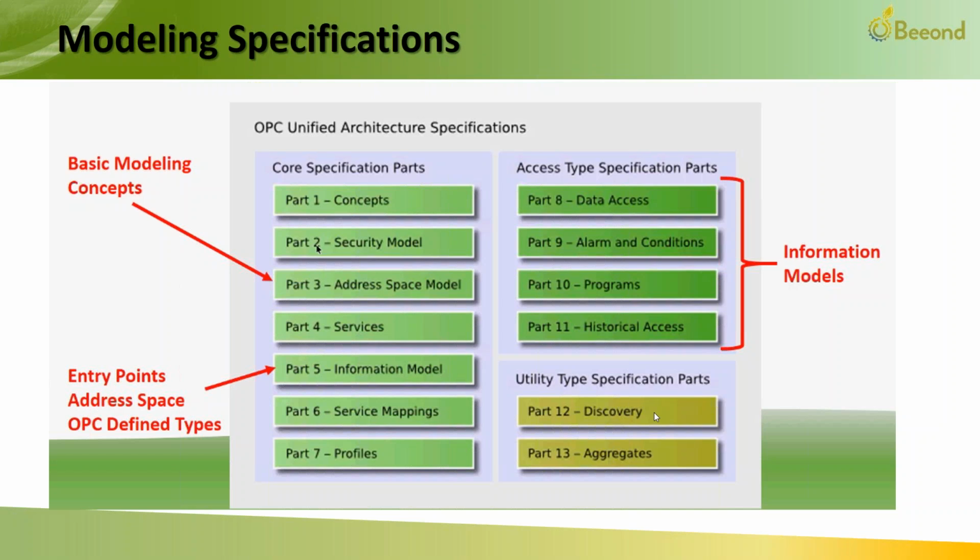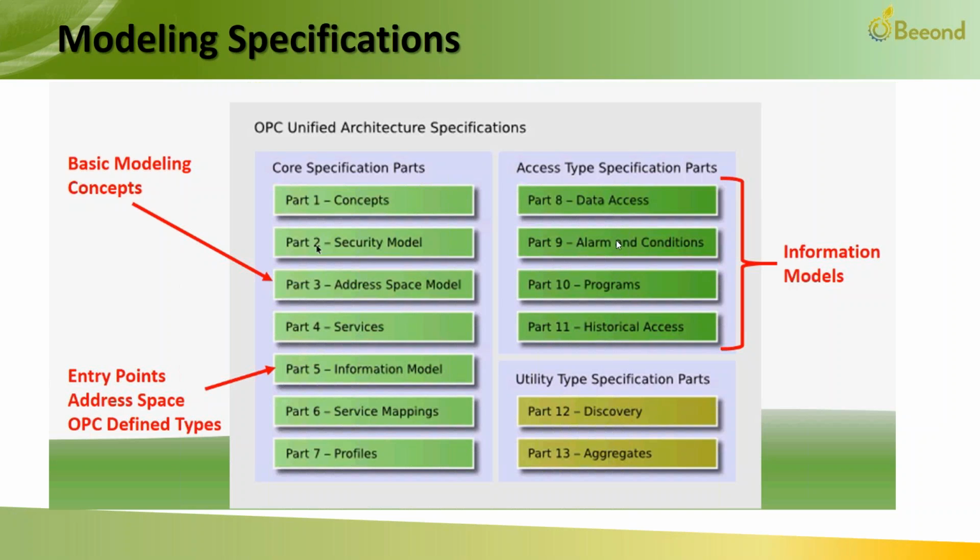So there's now 14 parts to OPC UA. The parts that address information modeling are part 3 that describes the address space modeling, part 5 that specifically talks on how the information is modeled, what are the conventions and what are the aspects of abstraction of the information model.